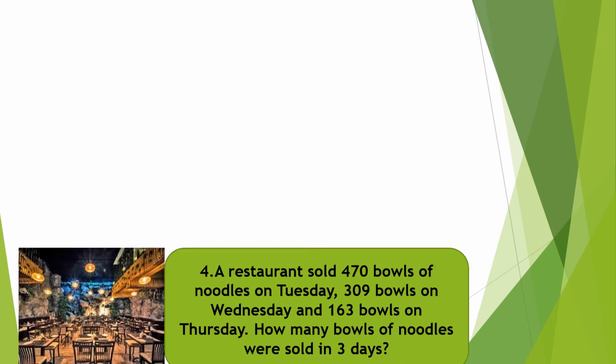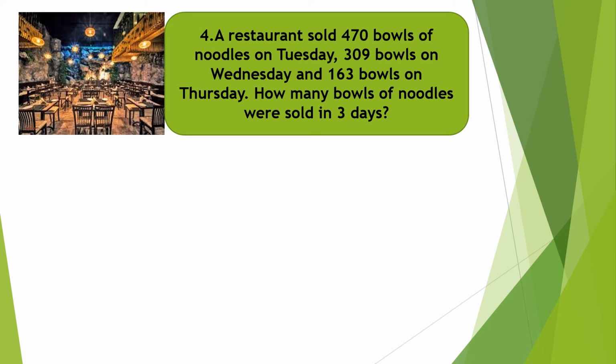Let's move to the next one. Number 4. A restaurant sold 470 bowls of noodles on Tuesday, 309 bowls on Wednesday, and 163 bowls on Thursday. How many bowls of noodles were sold in 3 days?